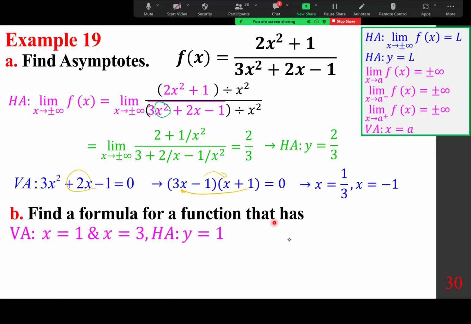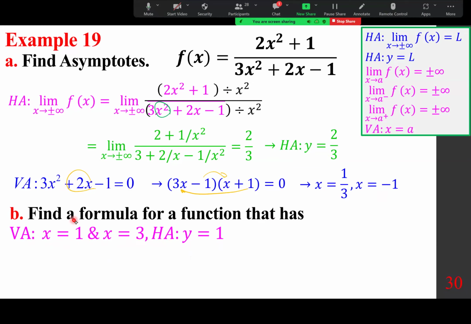Find the formula for a function that has vertical asymptote x equals 1, x equals 3, and horizontal asymptote y equals 1. The reason we say find a formula is because it's not unique, you can find different formulas.